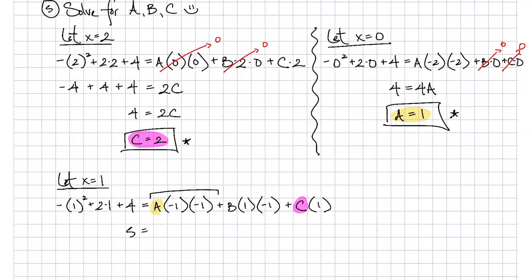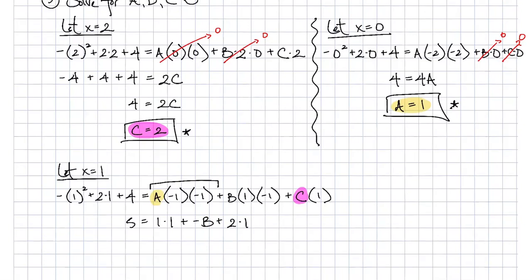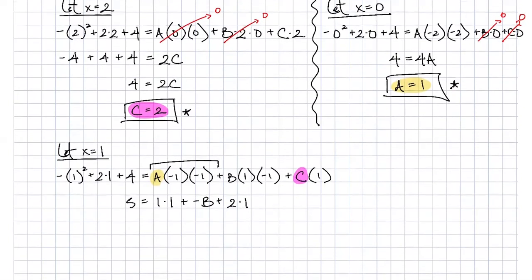Now, this becomes 1 times 1 plus negative B plus 2 times 1. So that gives me 5 equals 1 minus B plus 2.